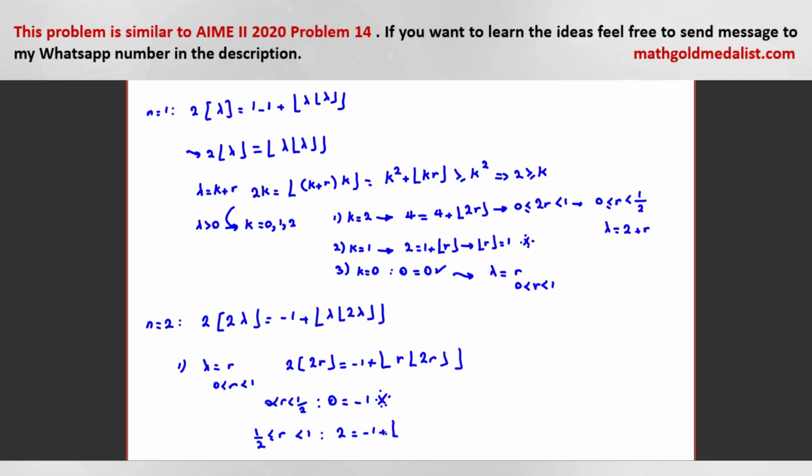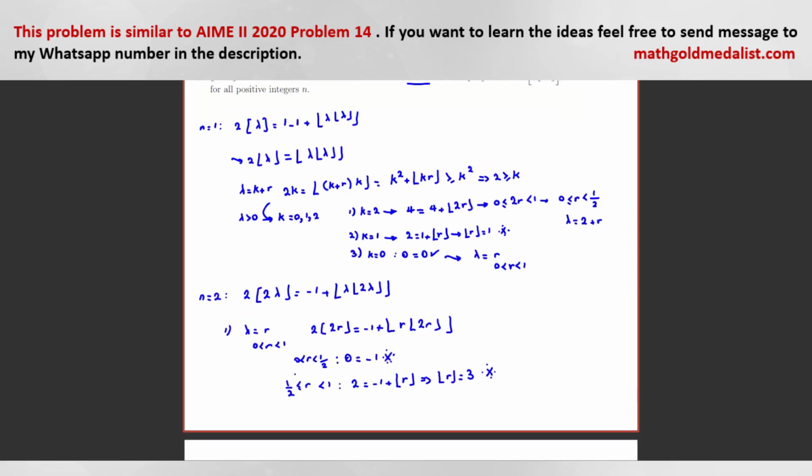GIF of 2r, which is... No, not 2r. Do you agree? This one is 1. So GIF of r, right? GIF of r will be what then? 3. Is it possible? No. Okay, so we have only one case.